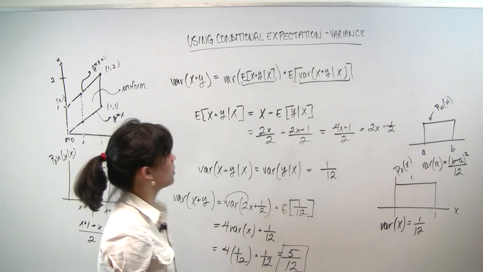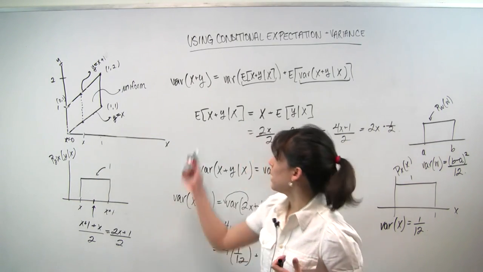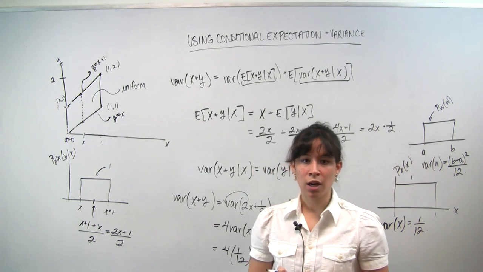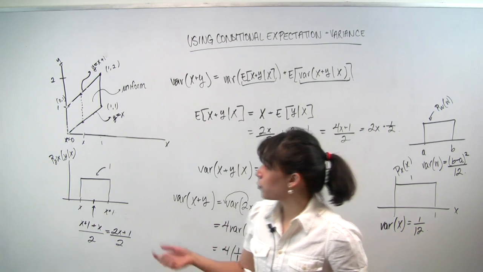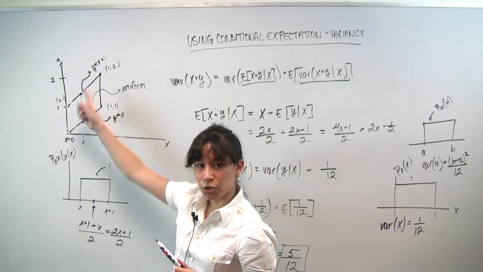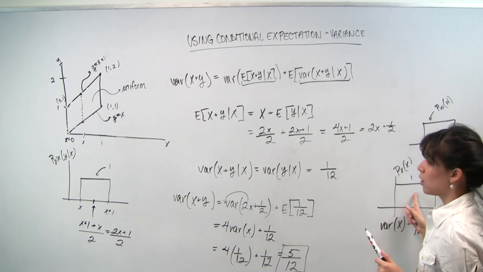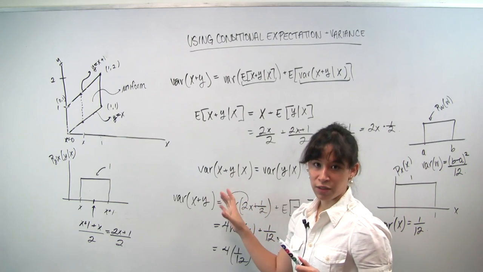So this problem was straightforward in the sense that our task was very clear. We had to compute this, and we had to do so by using the law of total variance. But we reviewed a lot of concepts along the way. We saw how, given a joint PDF, you marginalize to get the PDF of x. We saw how constants don't change variance.